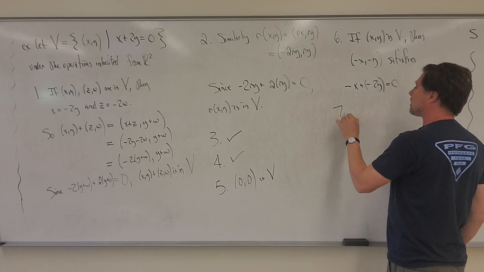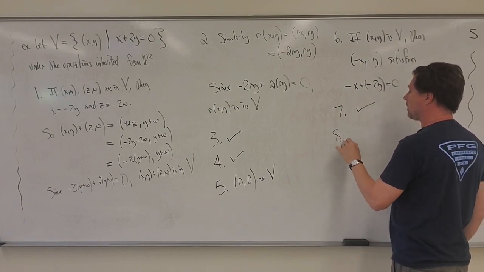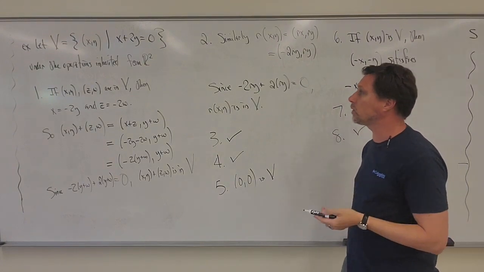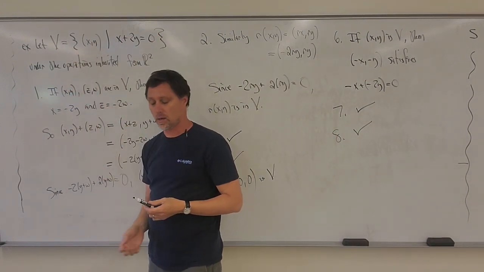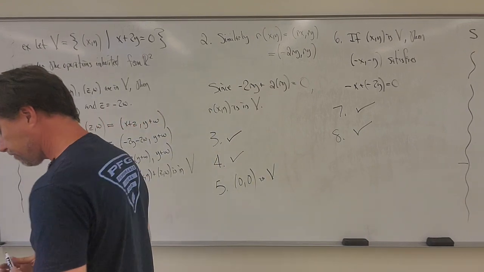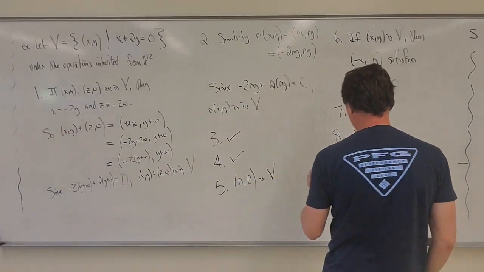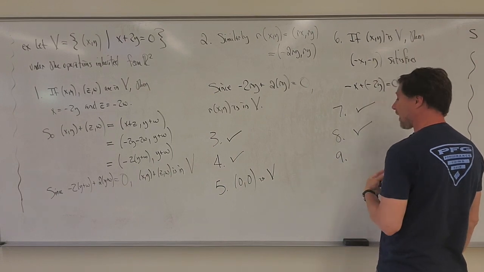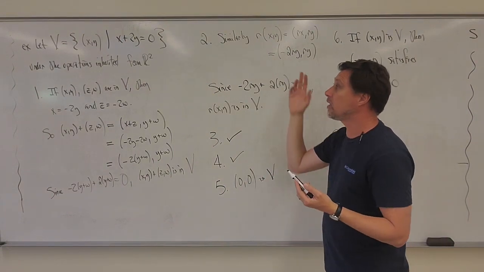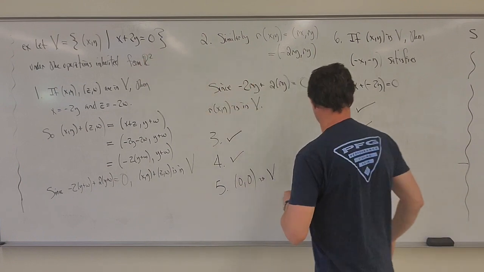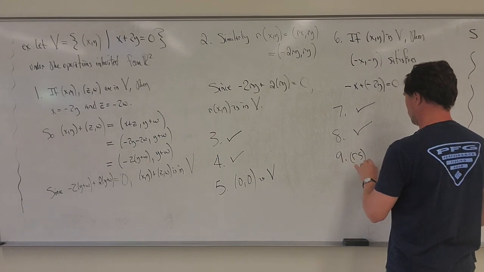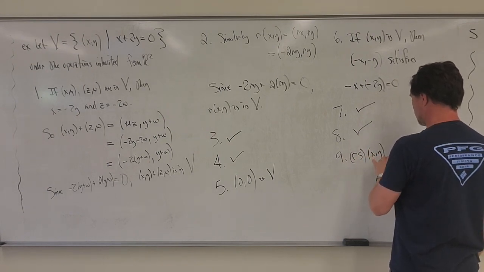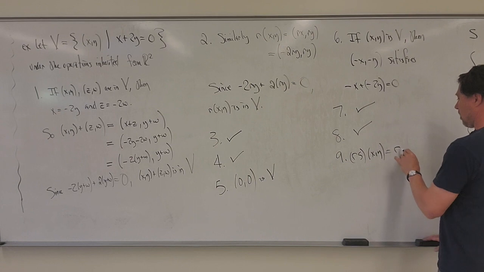right? Properties 7 and 8, the distributive properties, hold in all of R2, so of course they hold for this restricted subset. Property 9, same thing, right? r times s times a vector in V. So if we do this, (rs) times (x, y) is equal to r times (s times (x, y)).